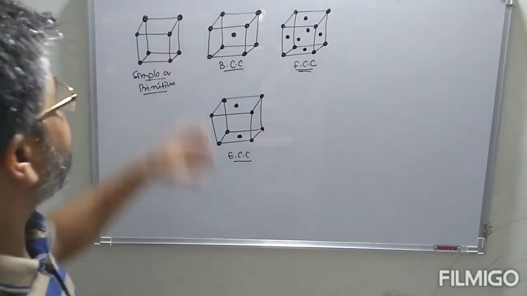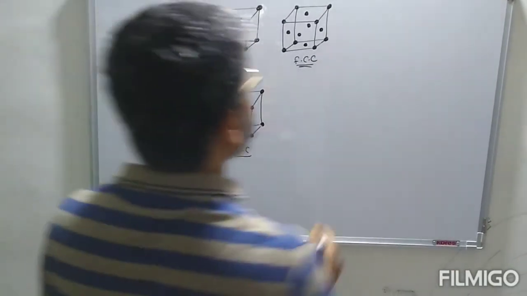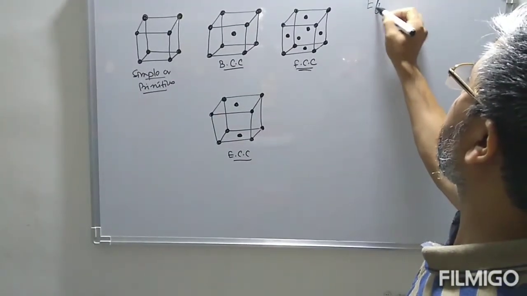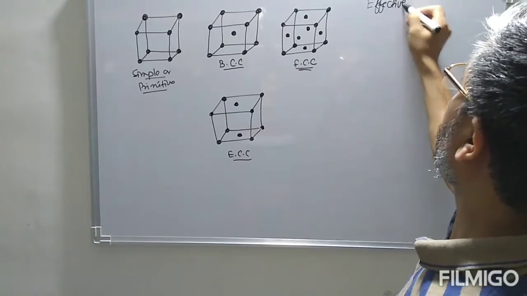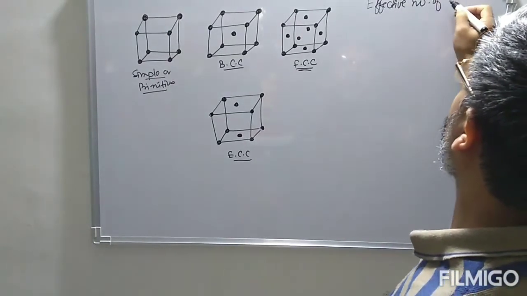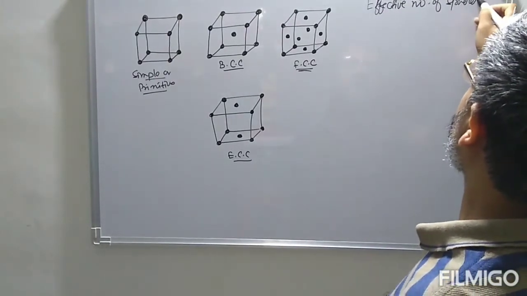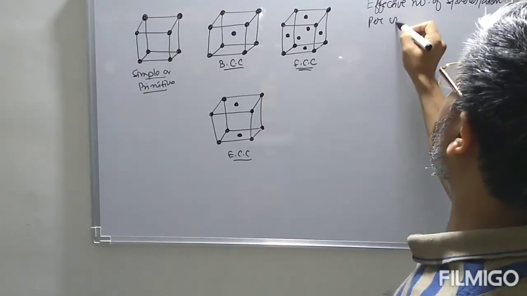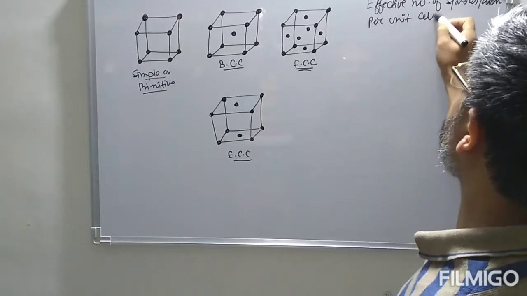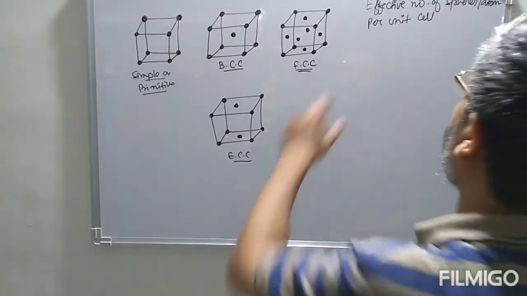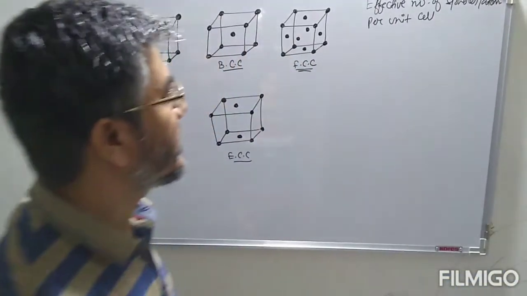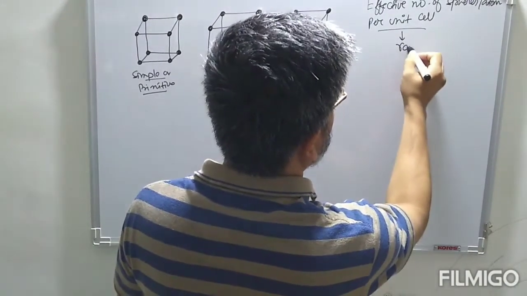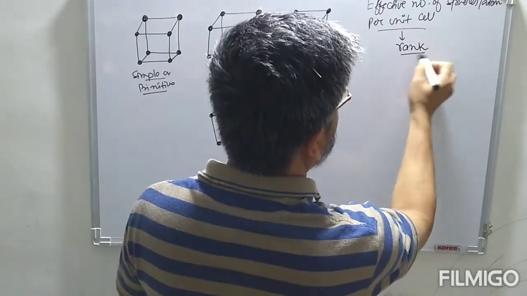Now once we have defined the unit cell, let's define the effective number of spheres or atoms per unit cell, which is also known as rank.